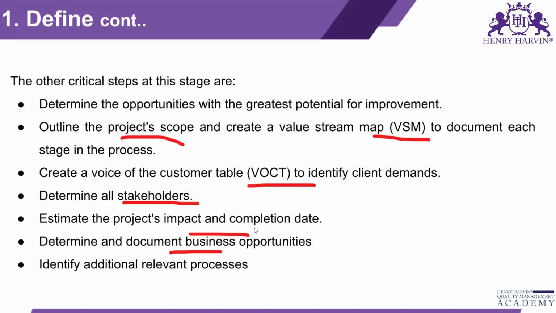Identify additional relevant processes. So the point here is, at which phase of DMAIC do we create the project charter? The initial phase. Correct. At the define phase. Absolutely correct. All right. So I'm sharing a template of the project charter.